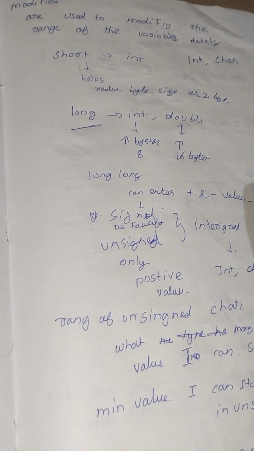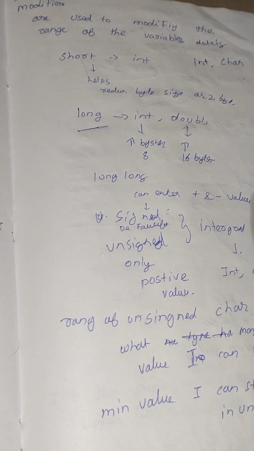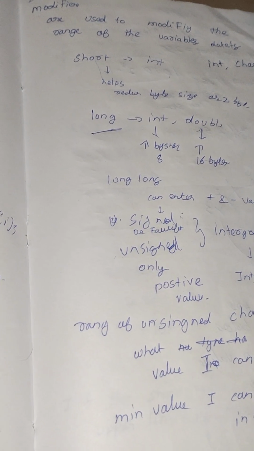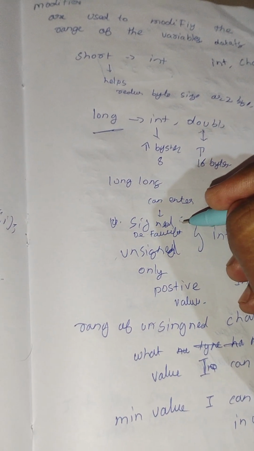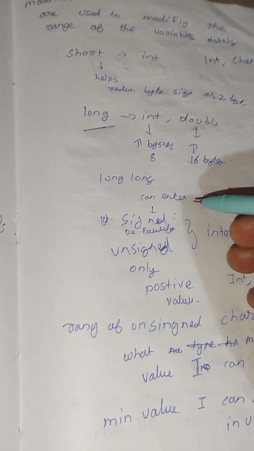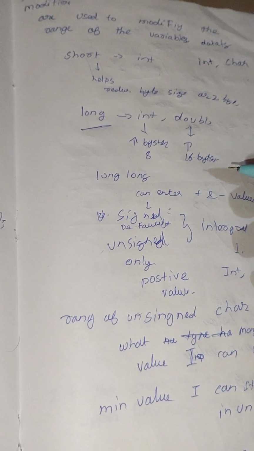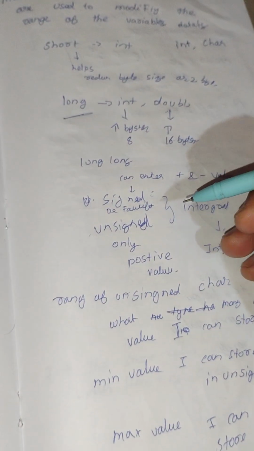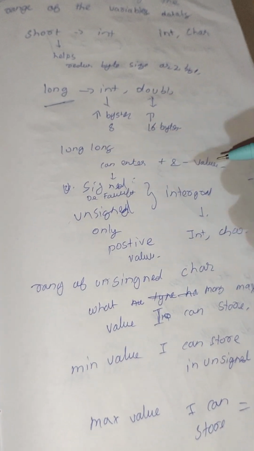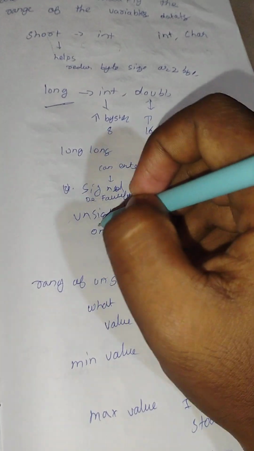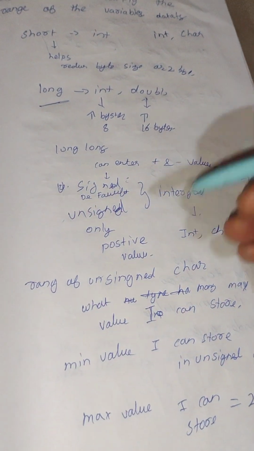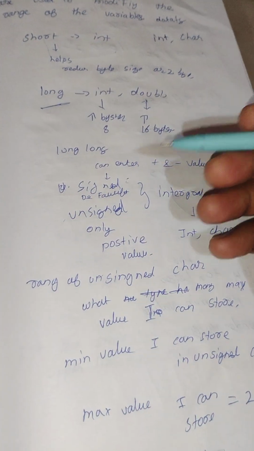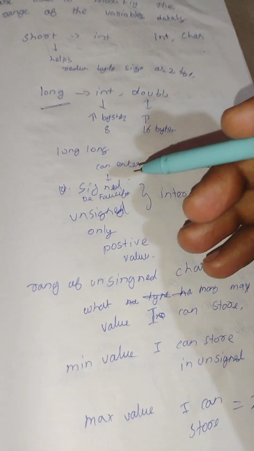Positive and negative values can be stored in signed. By default, it is considered as signed. In case I need to store only positive values, I can use unsigned int. Here negative values cannot be used, but the negative values can be stored.